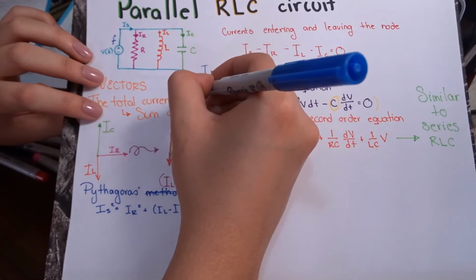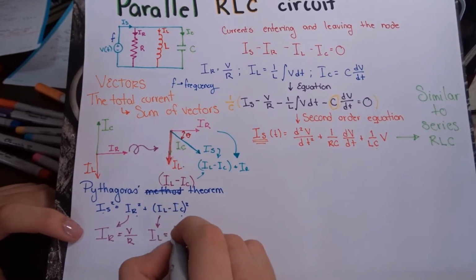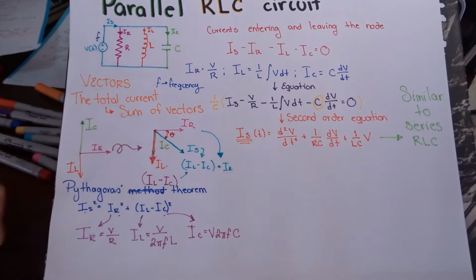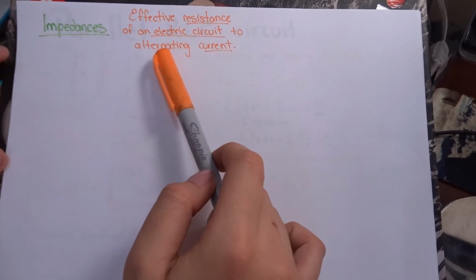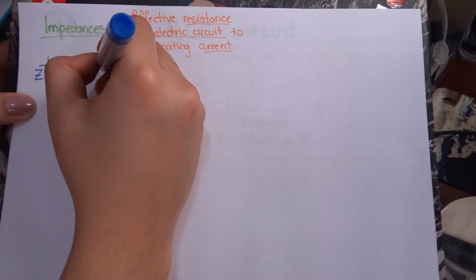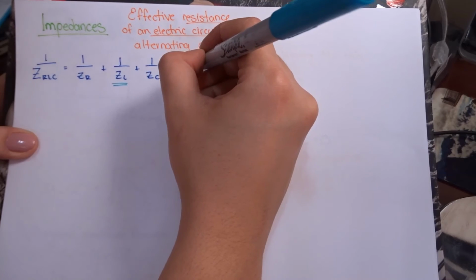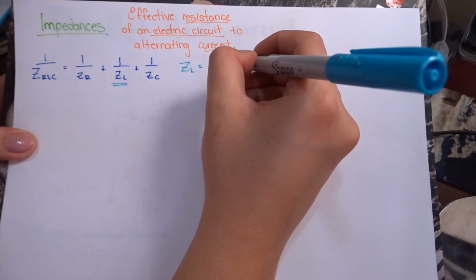I forgot to say that the system has a certain frequency, which is represented with this F. The impedance is the effective resistance of an electric circuit to alternating current. This is the general formula for our circuit.